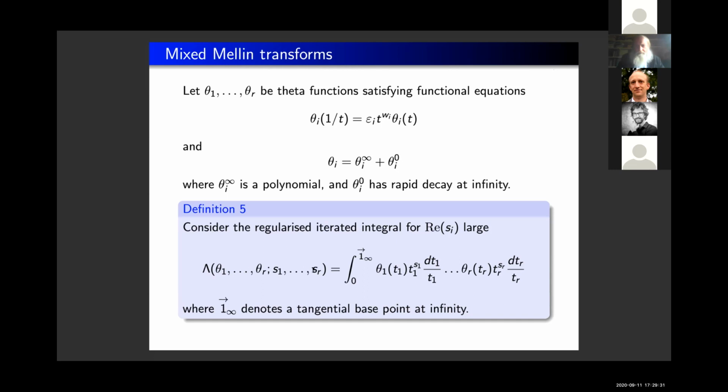And then we can define a mixed L function, tentatively, to be the iterated integral of all of these theta functions times a Mellin variable t1 to the s1 minus 1. So it's an iterated Mellin transform. This may diverge, so we regularize at infinity. And there's a very precise prescription for doing that, which is completely explicit.